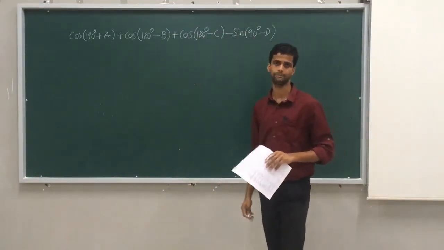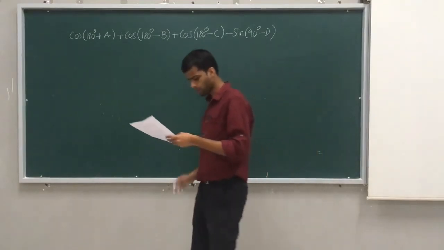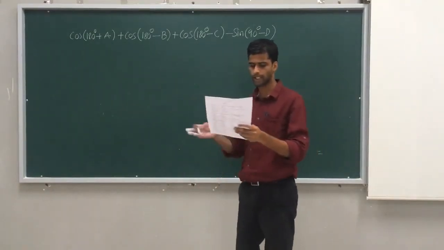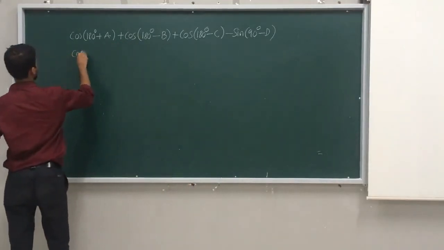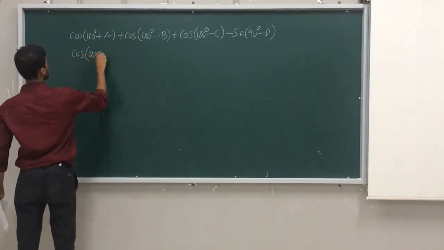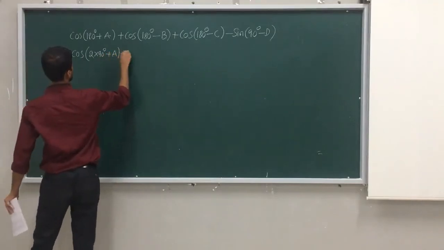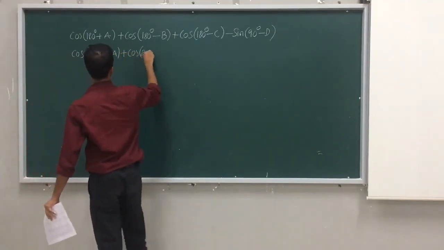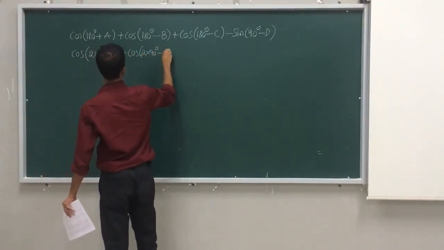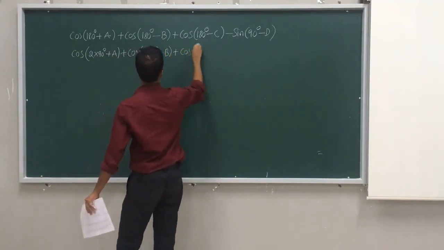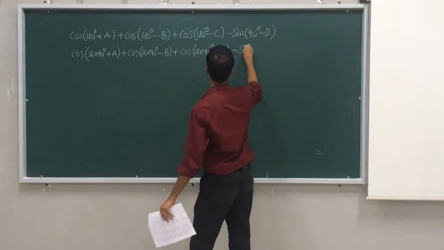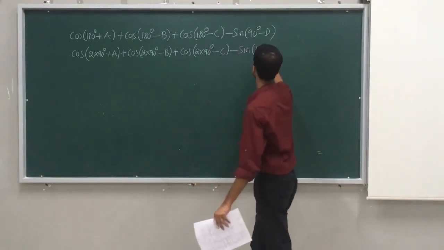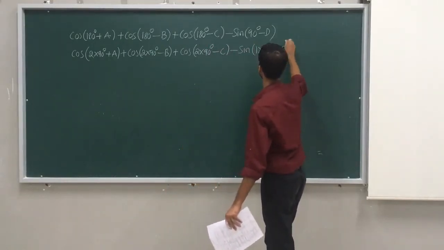They expect the answer in the simplest form. So 180 plus theta is an even multiple of 90, and 90 minus D is an odd multiple of 90.